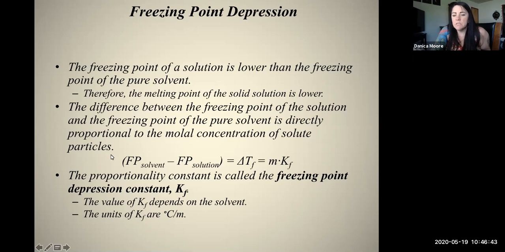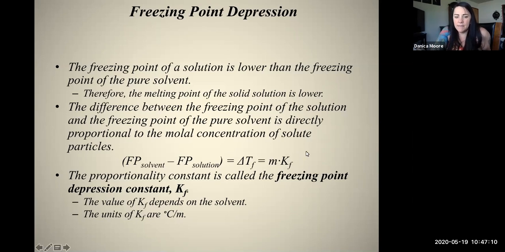Specifically here, we're usually talking about an ionic solute. We take the freezing point of the pure solvent, and the freezing point of the solution is subtracted from that. That gives us this delta T of freezing, which is the change in the freezing point.